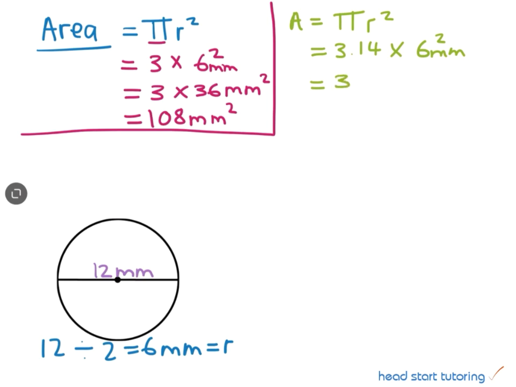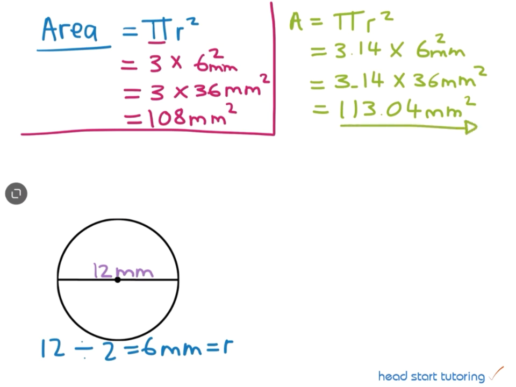But now we are multiplying 3.14 by 36 millimeters squared, and that gives us an answer of 113.04 millimeters squared. So the area of this circle with a diameter of 12 millimeters and a radius of 6 millimeters gives us an answer of 113.04 millimeters squared.